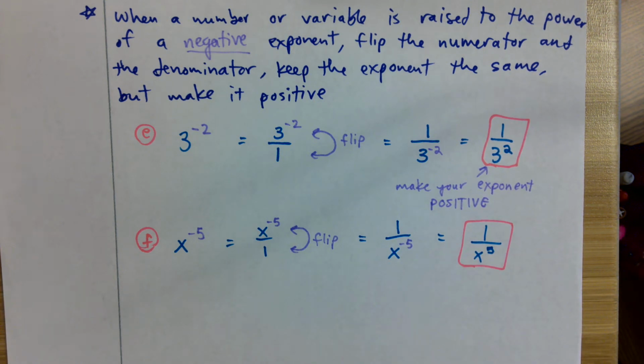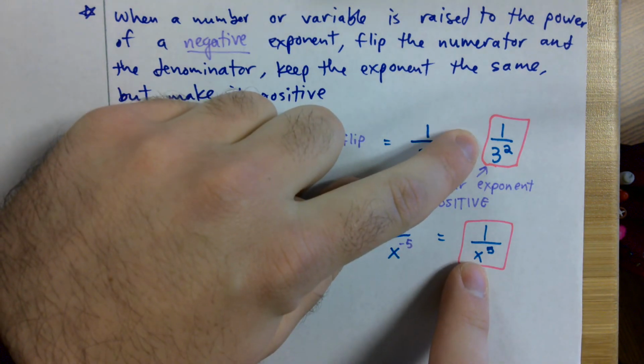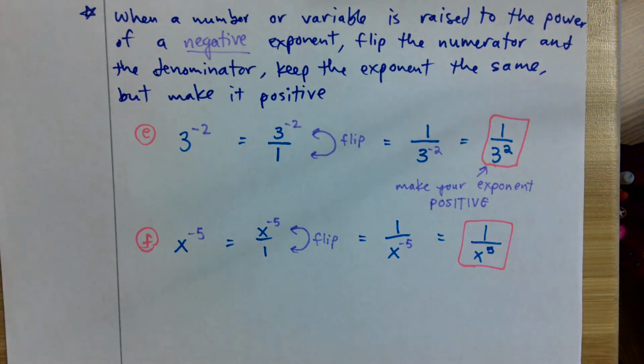So take a look at the starting points for examples E and F. 3 to the negative 2, x to the negative 5. And then take a look at our answers for both of those. Do we see any type of pattern here at all? Do those questions and answers look familiar to each other?